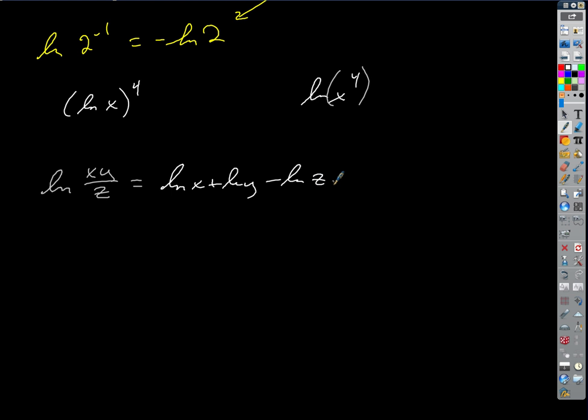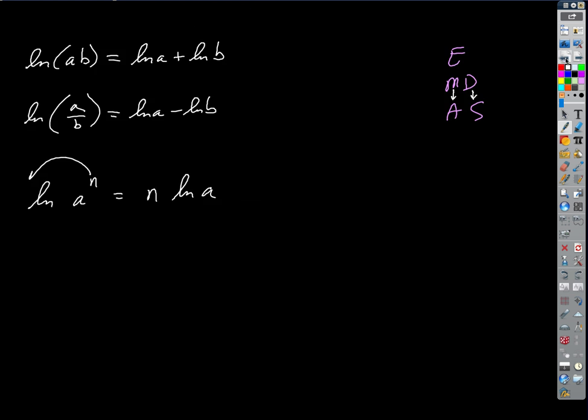So it's just that. What would the answer be to the log x to the 4th? Wait, can we not do the other one? This one you can't do anything with, because it doesn't fit any of our stuff, right? It's not MDAS.